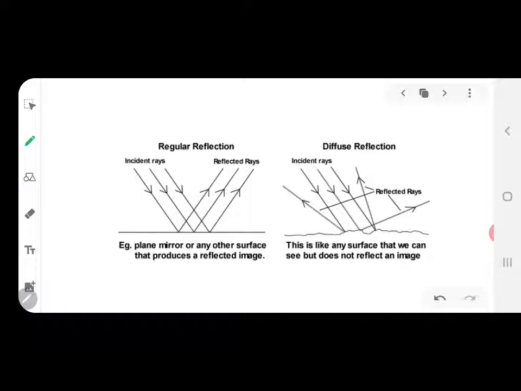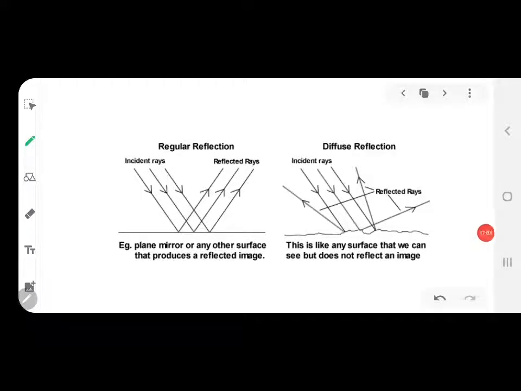In regular reflection, if we have a polished or smooth surface, just like a plane mirror, most of the incident light energy is reflected back. In this case, as most of the reflected energy returns in the same direction, it produces a blinding effect.